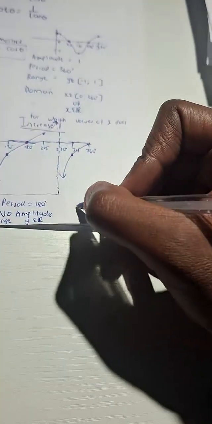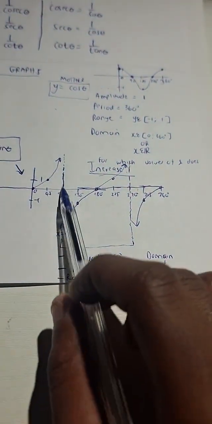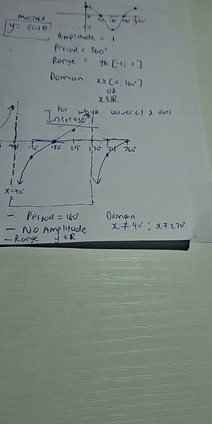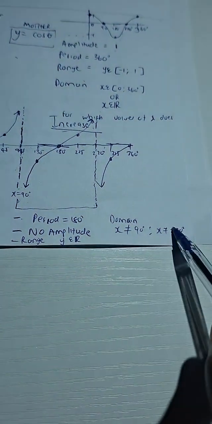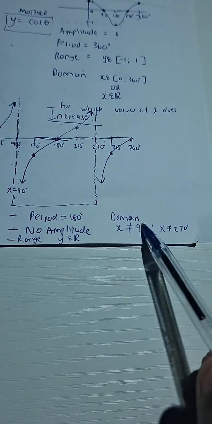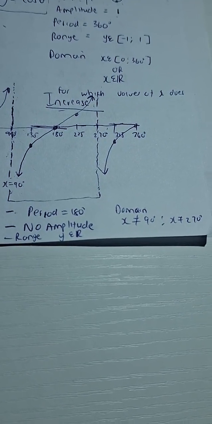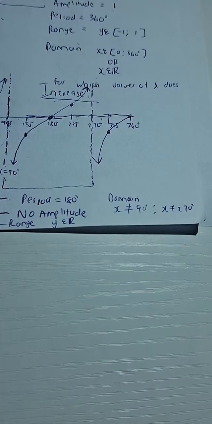And then domain. All you need to do for domain is simply exclude the asymptote. X cannot be 90. X cannot be 270 degrees. You know that X is an element of R, but only with these restrictions. You restrict all of the asymptotes.